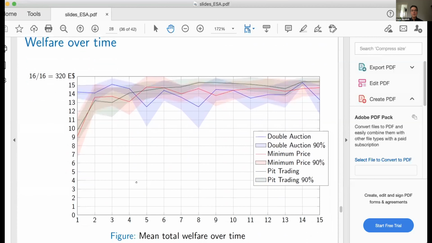This is also welfare. Welfare is higher in the initial round. These are all 15 rounds, not everything we use for the test. In the double auction, because there is a lot of price discovery within the round, but the other two treatments catch up relatively fast.